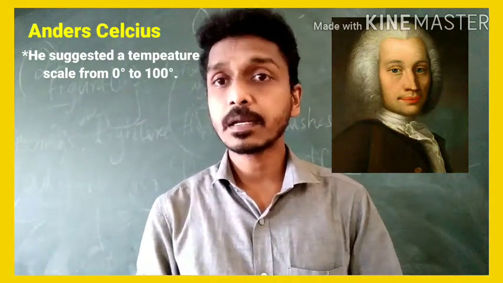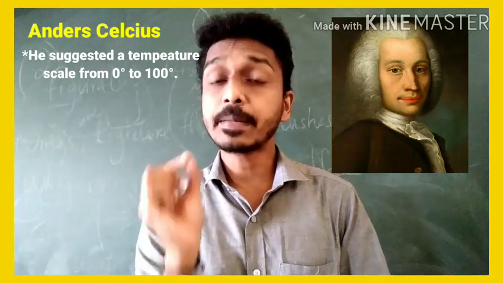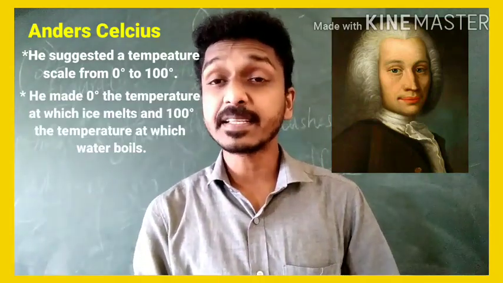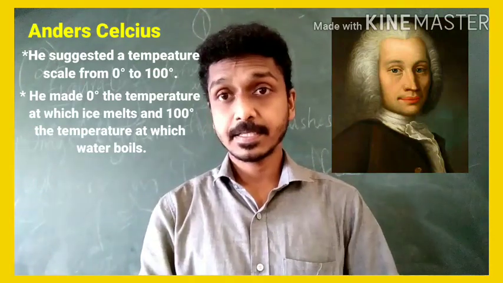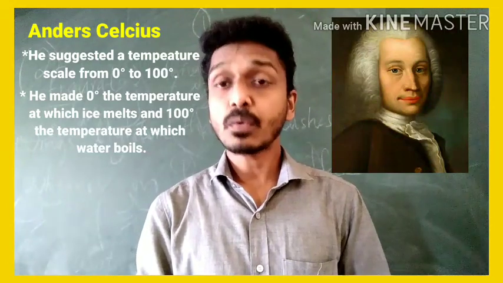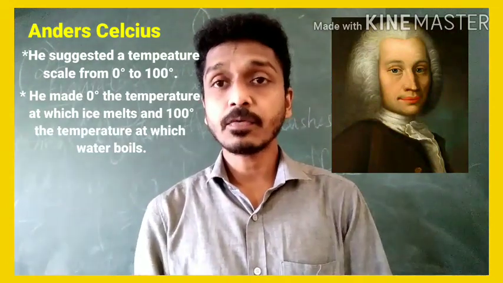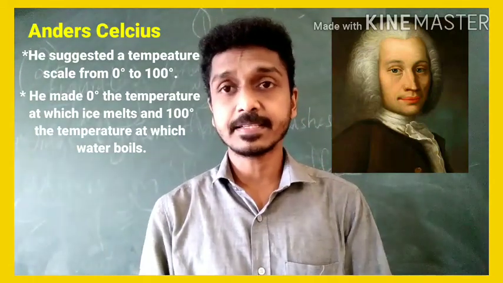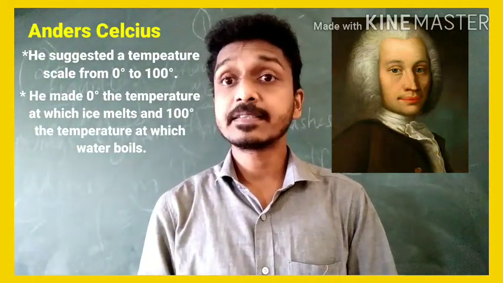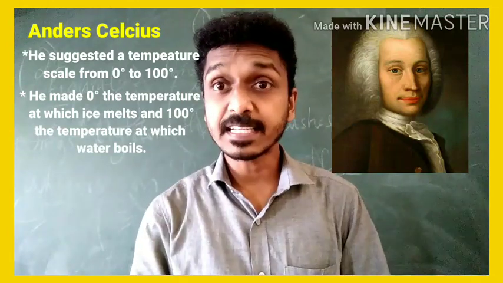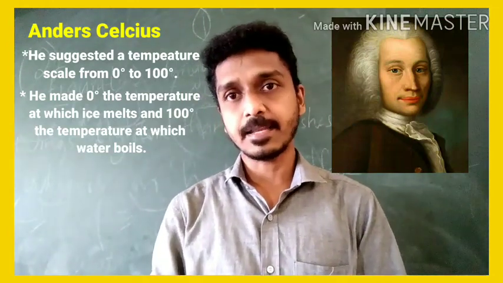He reversed his temperature scale, so that water boils at 100 degrees Celsius and it melts at 0 degrees Celsius. Nowadays we are using this type of temperature scale, right? That temperature scale is called the Celsius scale.